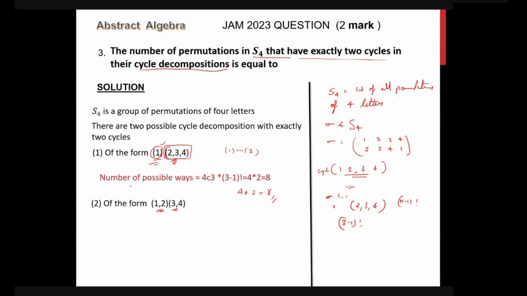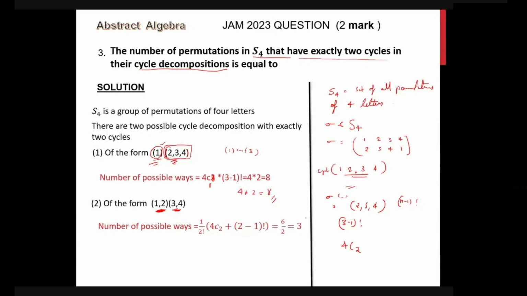Now in the second format, we have 1, 2 and 3, 4. The first can be chosen in 4 choose 2 ways, and the other in 2 choose 2. Also each cycle can be arranged in 2 minus 1 factorial ways.